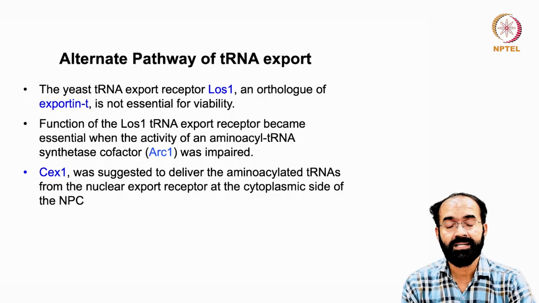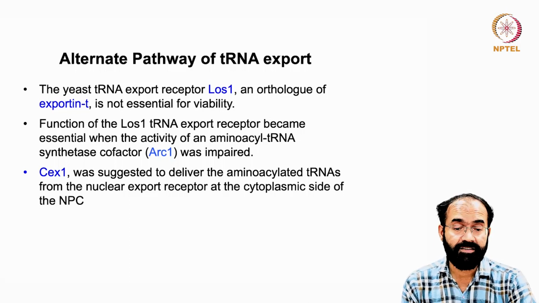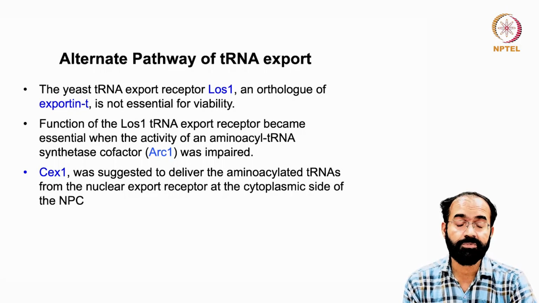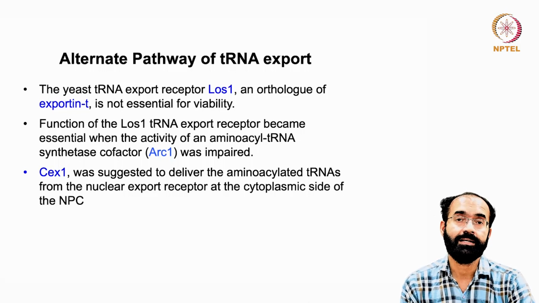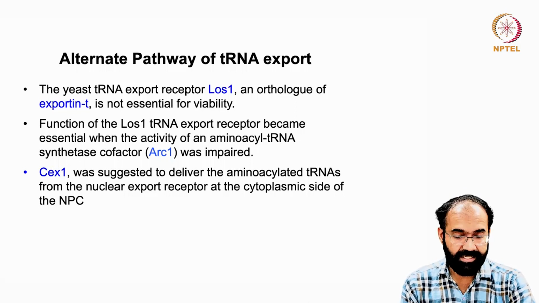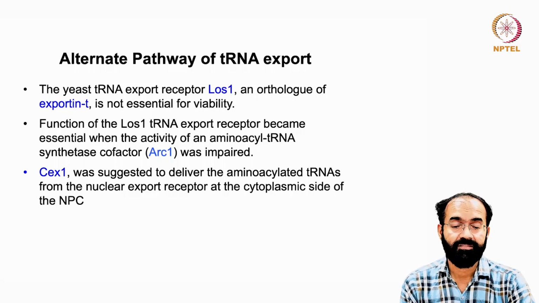So SEX1 was able to facilitate the movement or the maturation of the tRNA even in the absence of LOS1. ARC1, if it is missing along with LOS1, becomes problematic because SEX1 was acting as a mediator for the interaction of the tRNA with the aminoacyl tRNA synthetase.